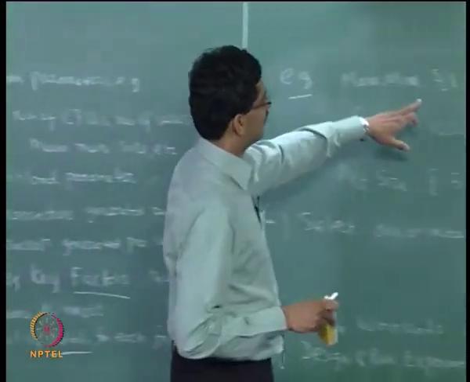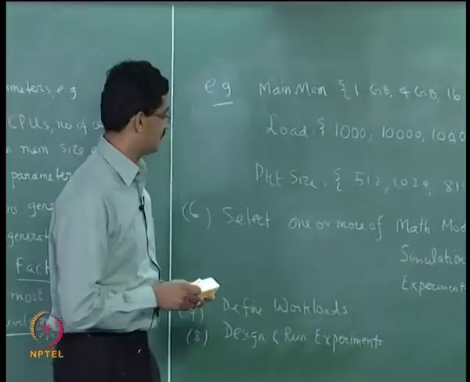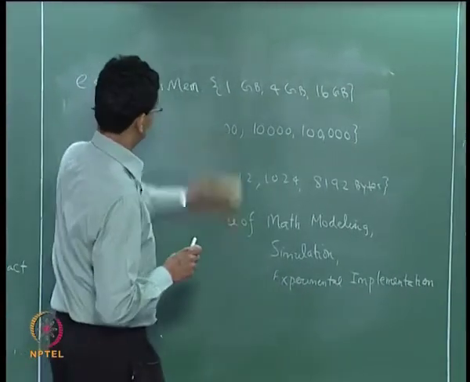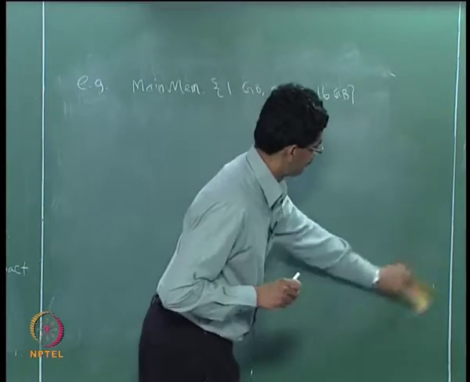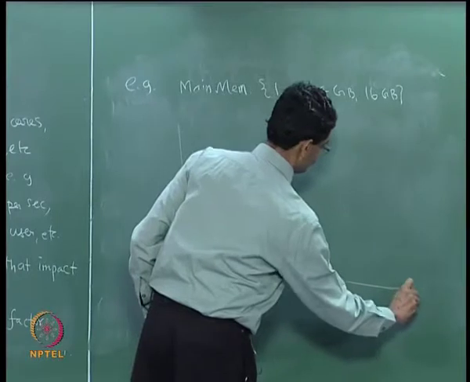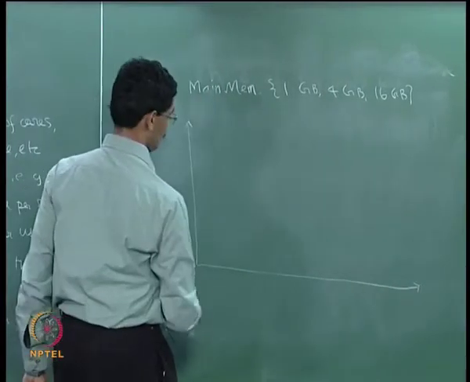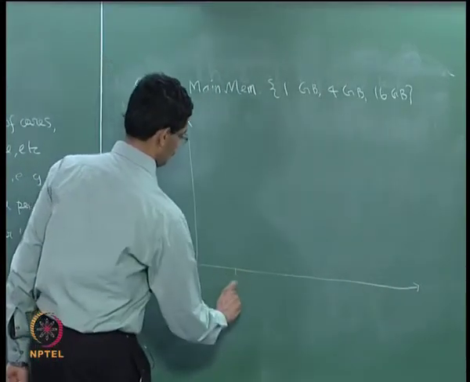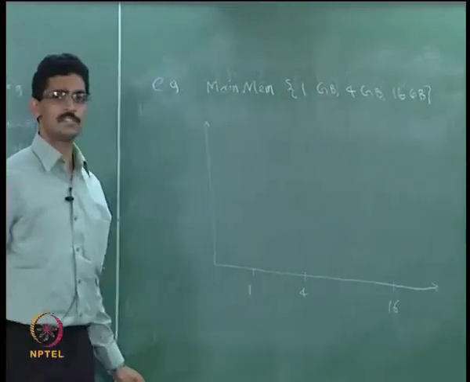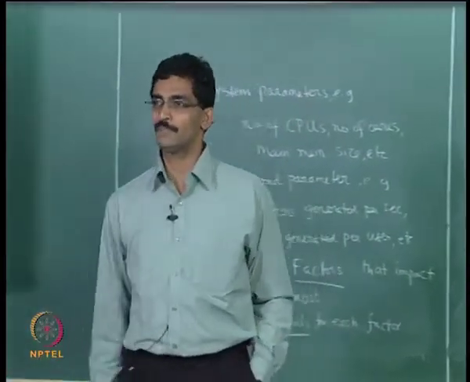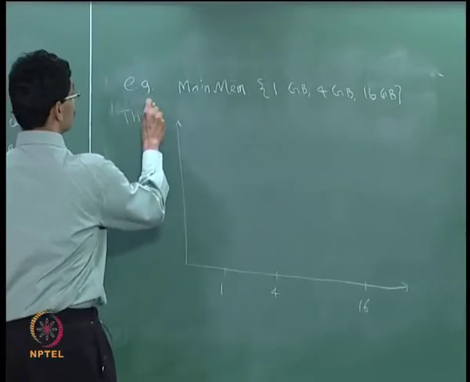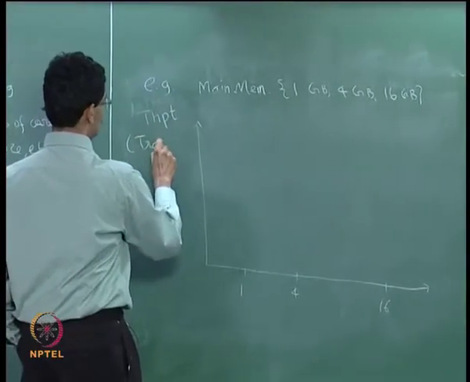Okay, let us look at this 4 and 16 as an example and see what happens there. I have only these 3 values, I thought those were good enough for my system, and I am measuring throughput, so this is transactions per second.